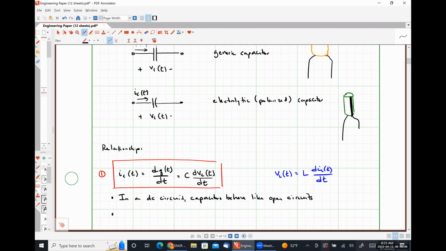What we found is that the current flowing through an inductor cannot change abruptly because it would require an infinite transfer of energy in an infinitesimal amount of time. What do you think is going to happen for capacitors? So in an inductor, we said the current can't change abruptly. The voltage can't change abruptly for the exact same reason.